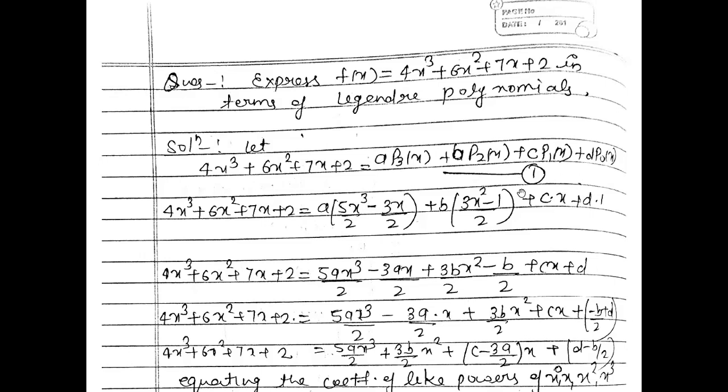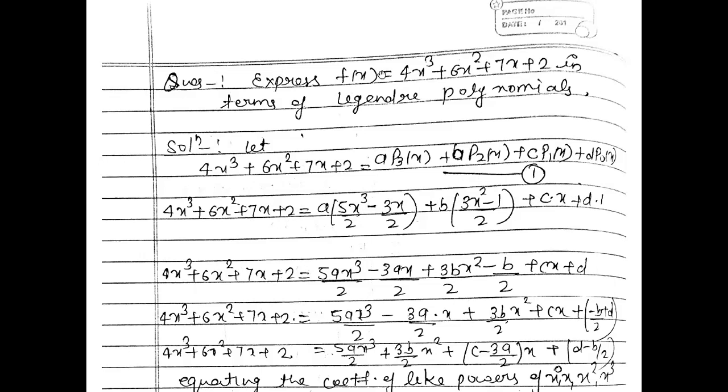To find the values of a, b, c, d, we know the P0x, P1x, P2x and P3x values. In our previous session I had already described all these values. The left hand side stays the same, no change.